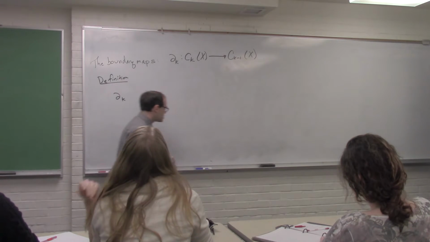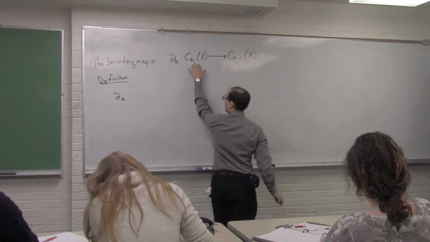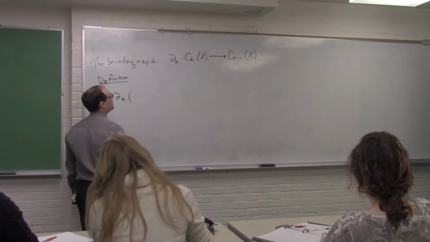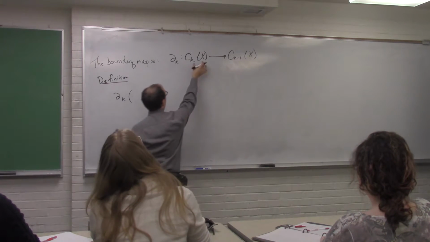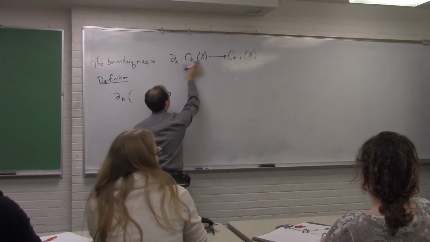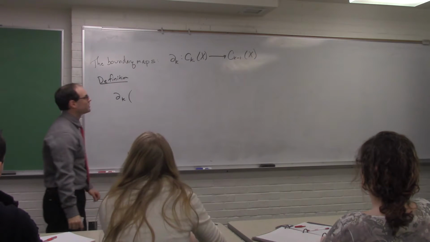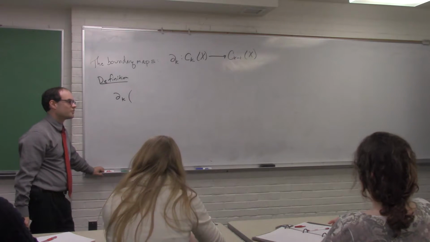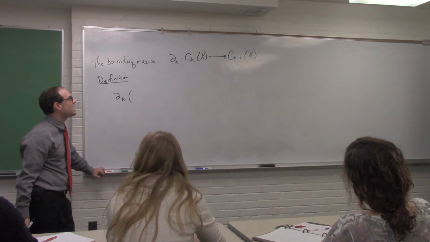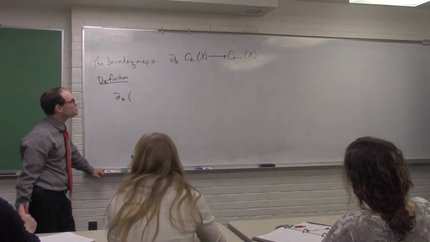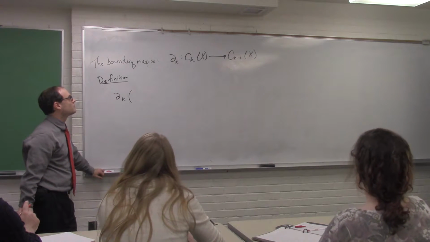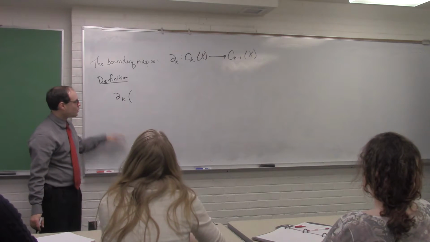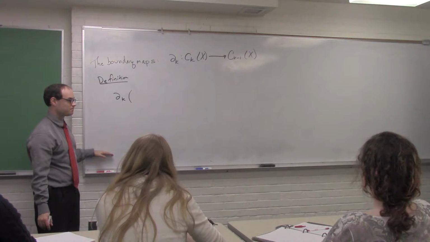So what I'm going to do is tell you what it does on a basis element. It's going to take as input a linear combination of K-simplices. Now I don't quite know what a linear combination of K-simplices means. What is CK? It's a vector space built up of K-simplices, as in each row in that vector corresponds to a K-simplex.